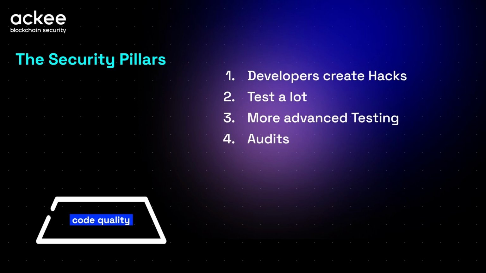So instead of having the attitude that you are perfect, and I'm not perfect either, you have to always keep in mind that these security issues and bugs are actually created by people, so by developers.